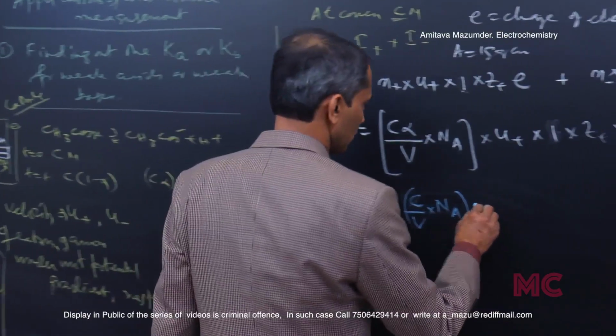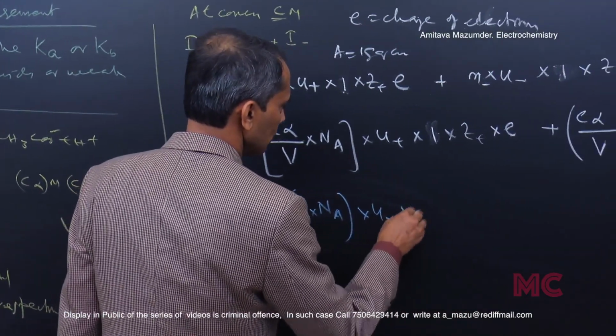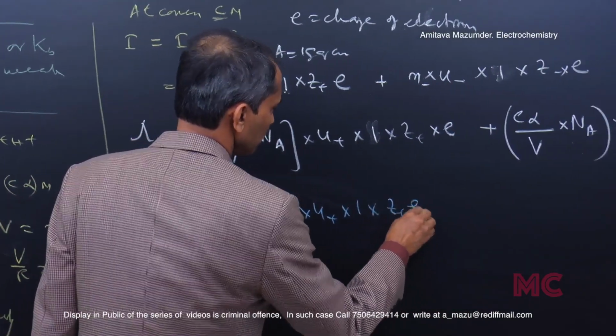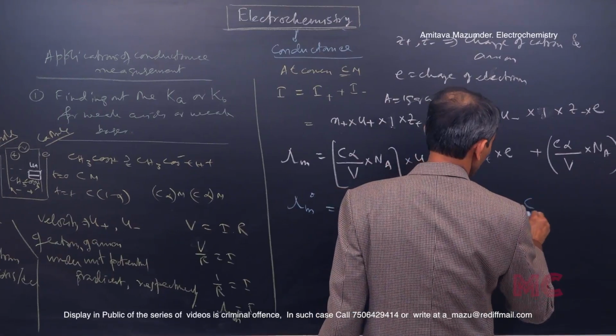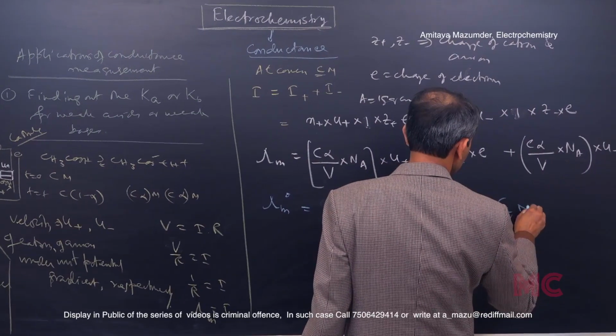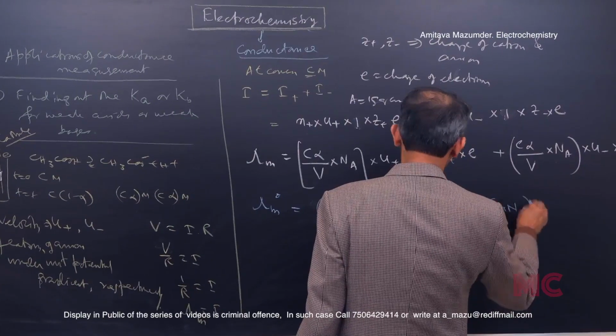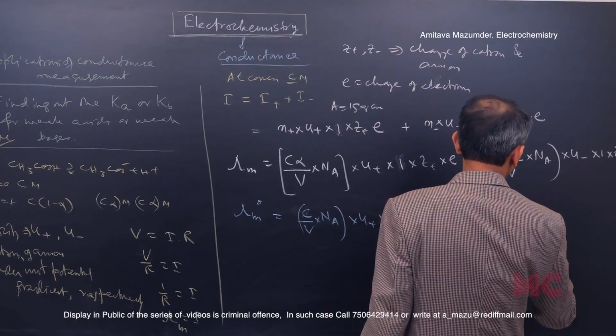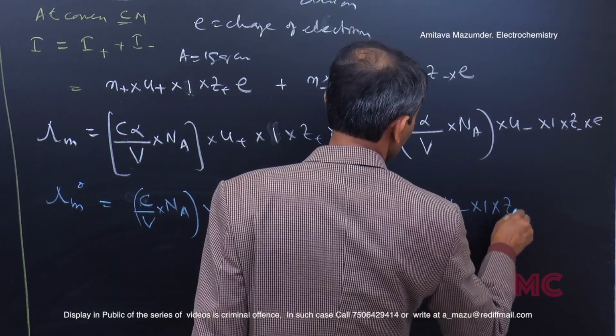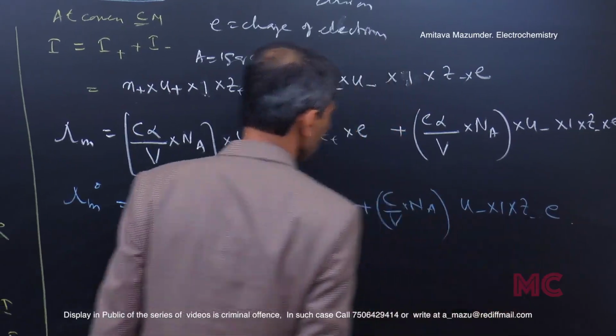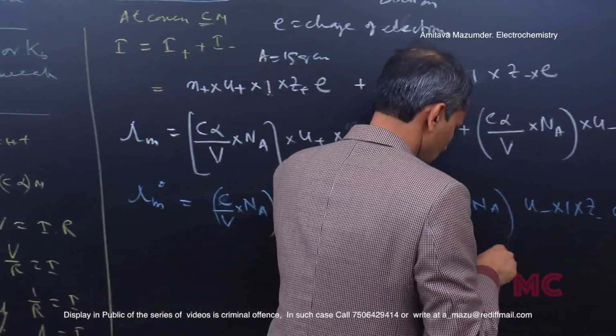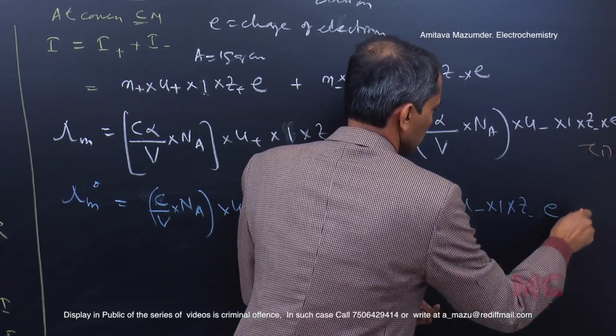Therefore you can write into U plus into 1 square centimeter into Z plus into E plus C by V into Na multiplied by U minus into 1 into Z minus into E. So let's say this is equation 1, and that is equation 2.